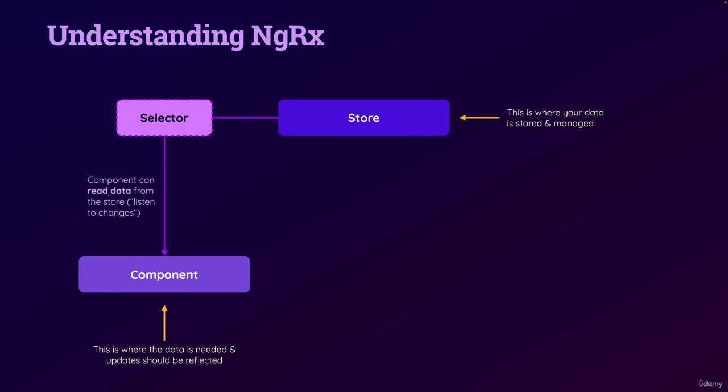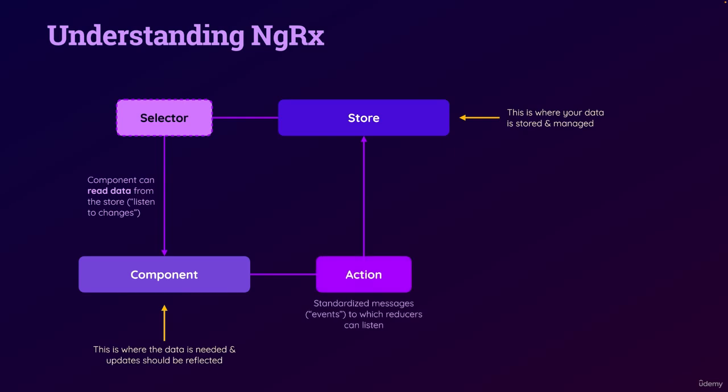But of course, getting the data is just one thing. Components also typically need to change that data over time, for example, because a button was clicked or a form was submitted. And NGRX also gives you a clearly defined, standardized way of performing such data changes. Because in the NGRX world, to change data in the store, your components must dispatch actions, which in the end describe the changes that should be performed and add any extra data that might be needed to change the data in the store.